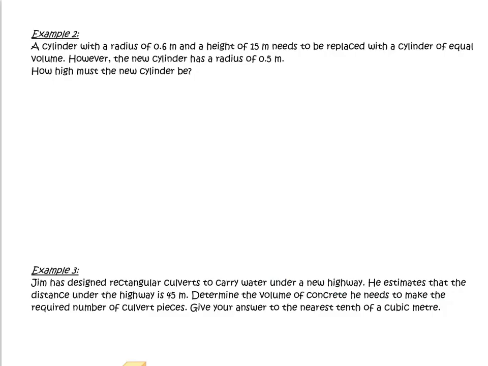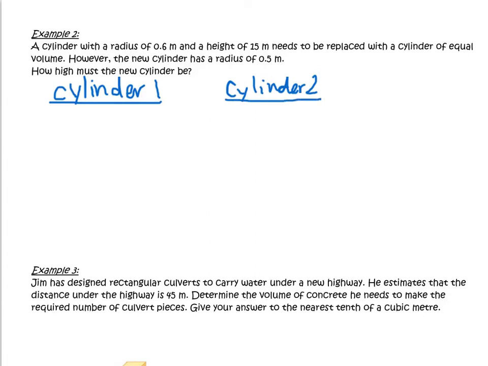So we're dealing with 2 cylinders here. Let's call them cylinder 1 and cylinder 2. We're given 2 pieces of information for cylinder 1. Robin, what was the radius of cylinder 1? 0.6 meters. And the height? 15 meters.